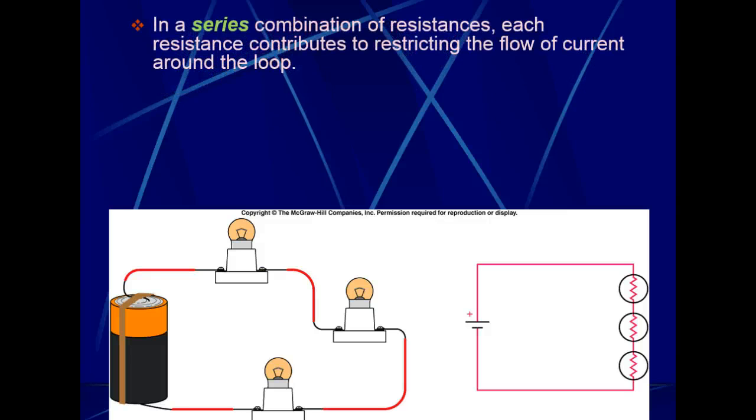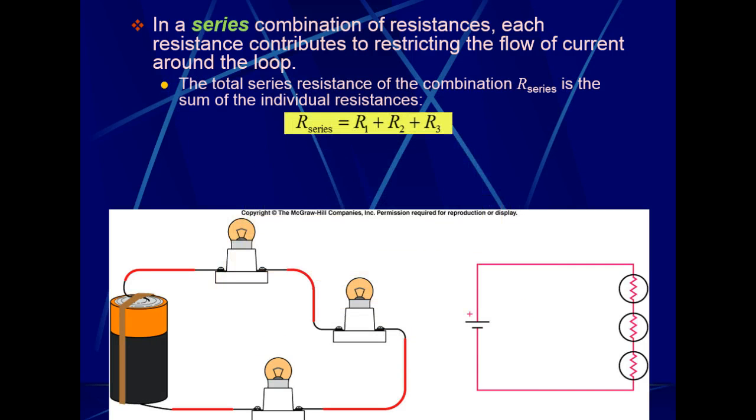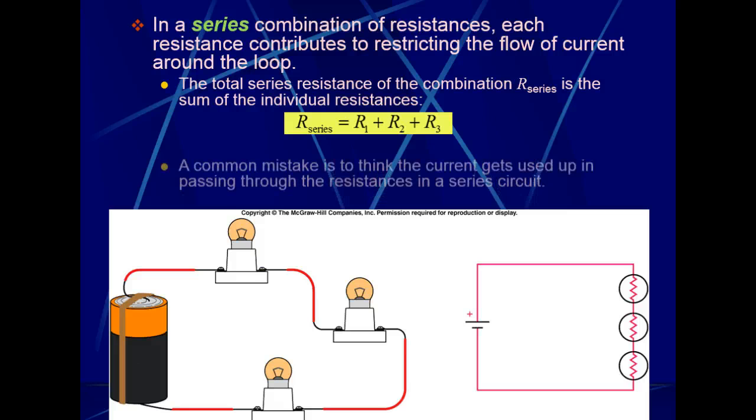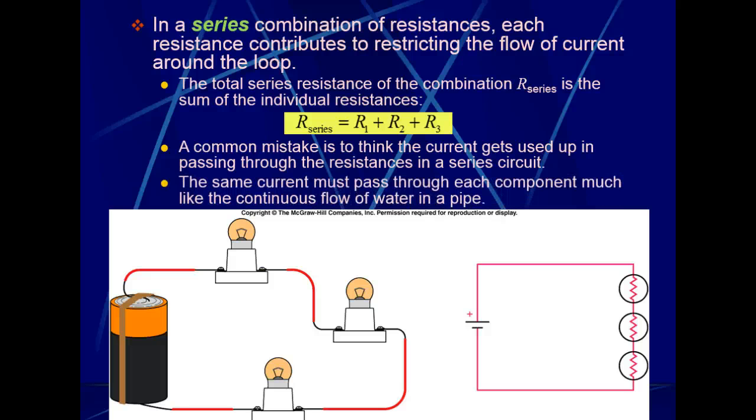So if we have several resistances on that loop, we add all of those resistances up in order to get the total resistance for the circuit. Now, the current will stay the same. The current will not get used up. The same current has to flow through each element of a series circuit.